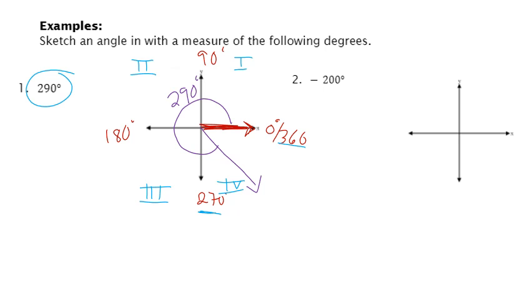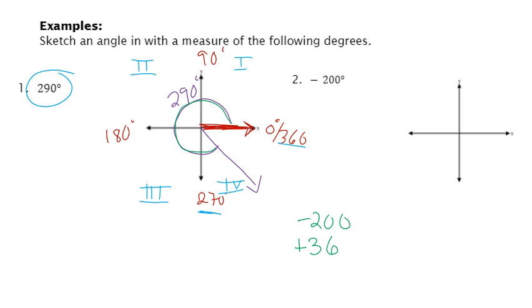For the next one, I have negative 200 degrees, and that goes into the other term we saw, which was called a coterminal angle. If we think about it in terms of a circle, I can go in a whole bunch of different directions. If I have a negative, I can add another revolution around the circle.